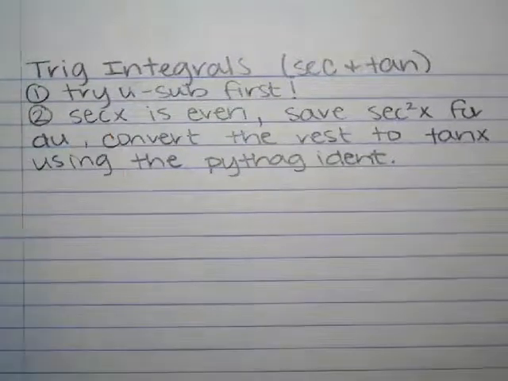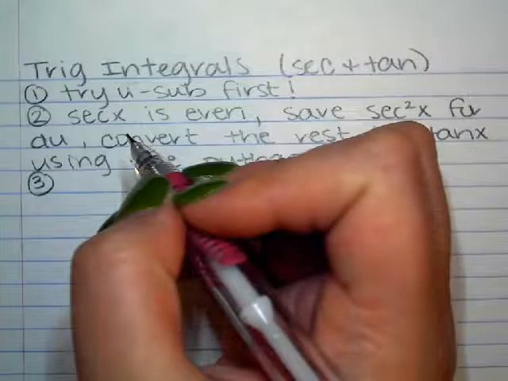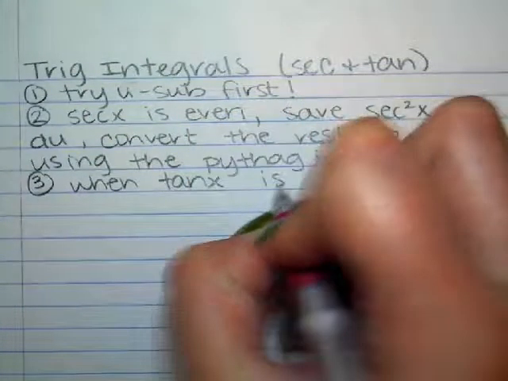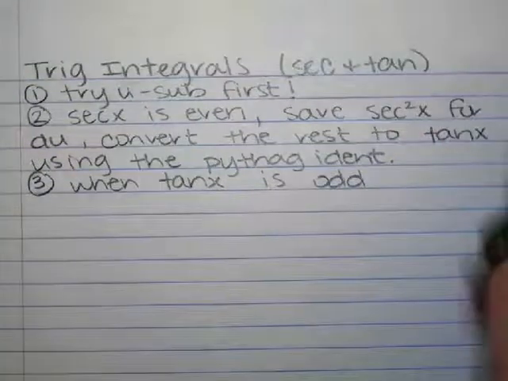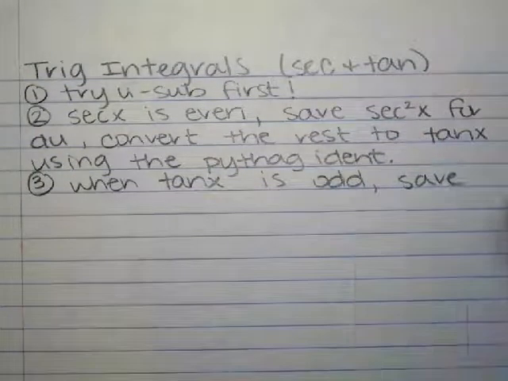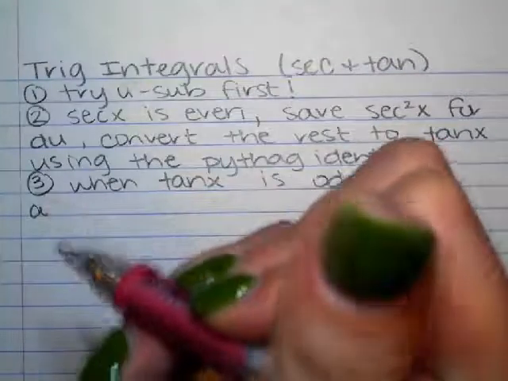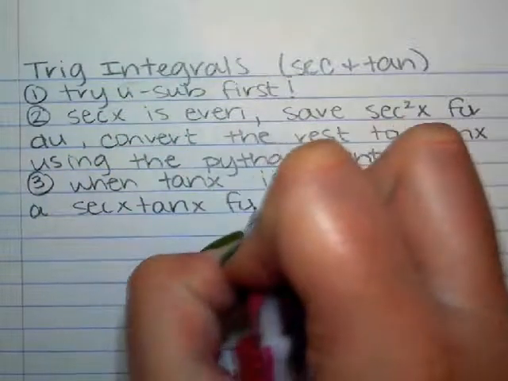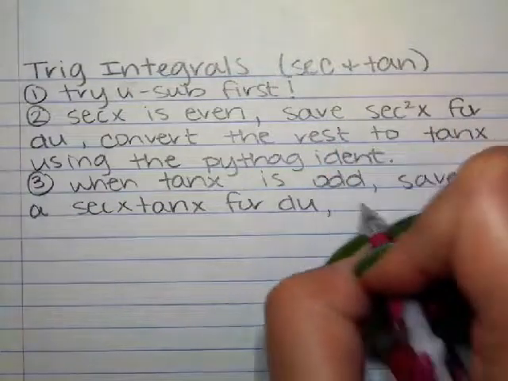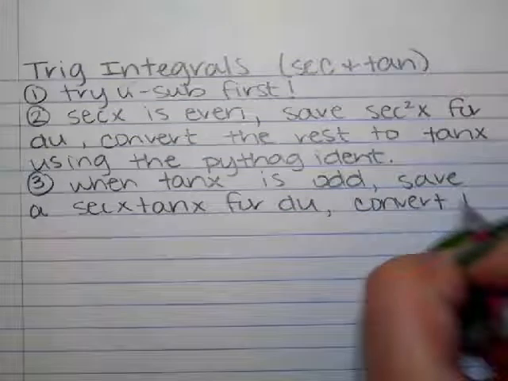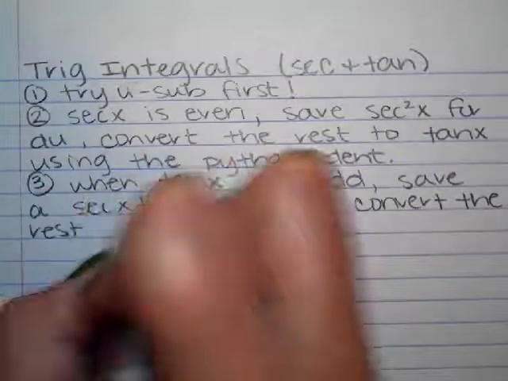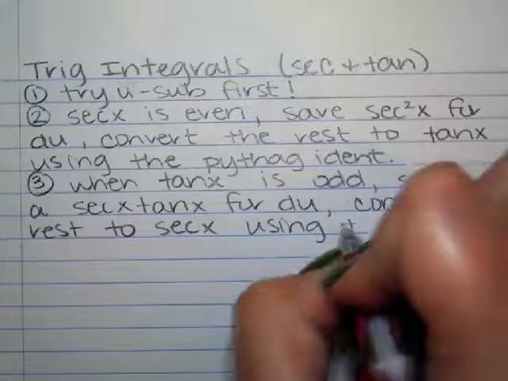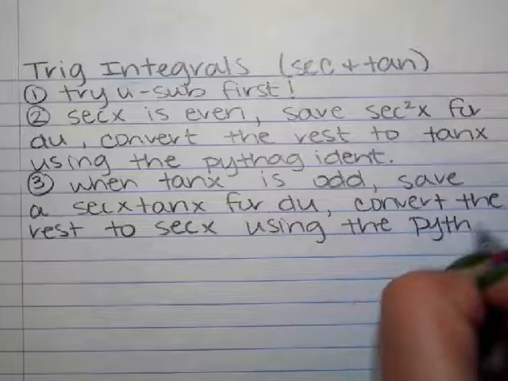So that's one strategy. The other strategy is when tan is odd, save a secant x tan x for du, and then convert the rest to secant using the Pythagorean identity.